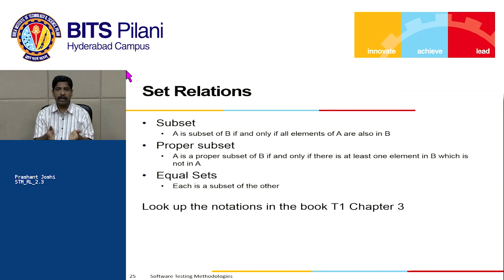I would strongly urge you to look at set theory where we are looking at subsets, where a subset is one having all its elements present in the superset. Equal sets, for example. Those are all set relations which are useful for us when we get into some amount of test case design. In fact, test input design or domain design.